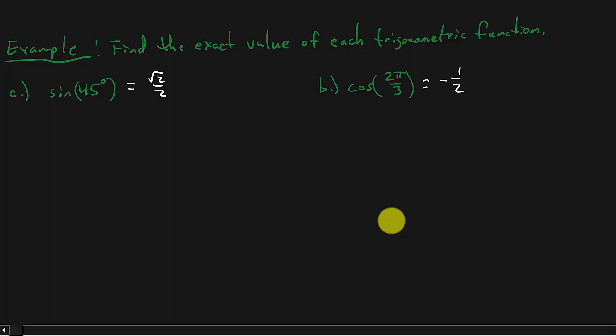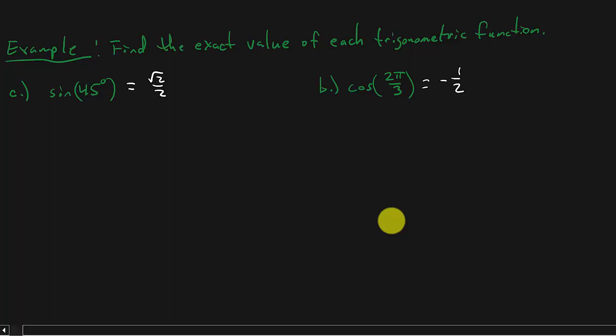So as far as sine 45 degrees, remember what I said. You've got to memorize sine, cosine, and tangent of 30, 45, 60 degrees, as well as the 0, 90, 180, 270, 360. So if you've got sine 45 memorized, well, that's just square root of 2 over 2.